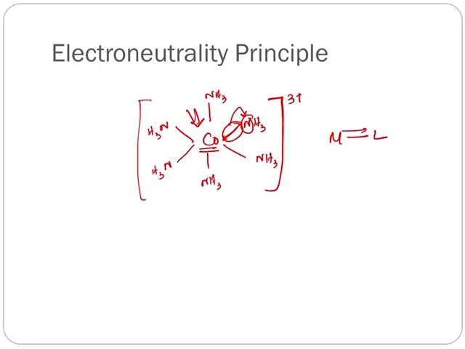In that way the metal reduces its charge or accumulated electron density, and the complex becomes stable. Now we will discuss two examples of how the electroneutrality principle works.